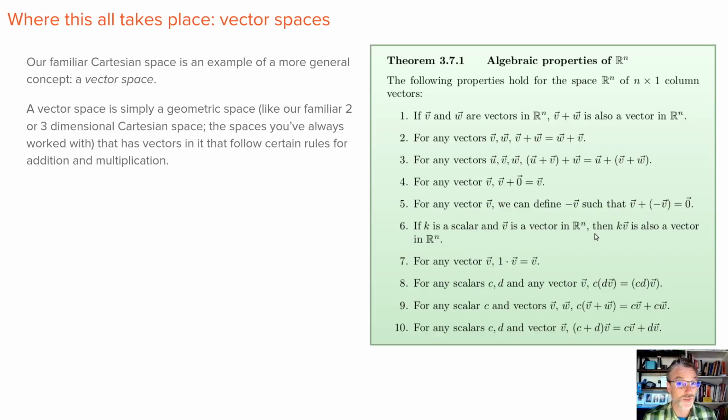I can also scale the vectors, so I can make them longer or shorter. I can scale by 1, which leaves the length unchanged, leaves the vector unchanged. And I can also do different things with scalar multiplication. For example, I can distribute a scalar into the sum of vectors like that.